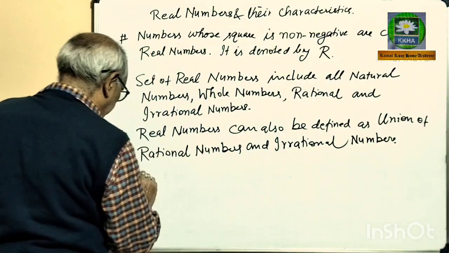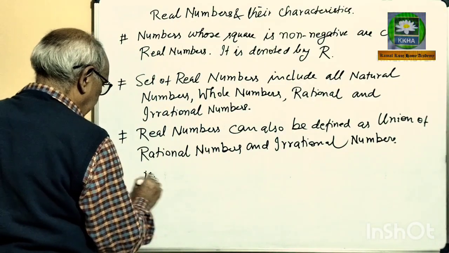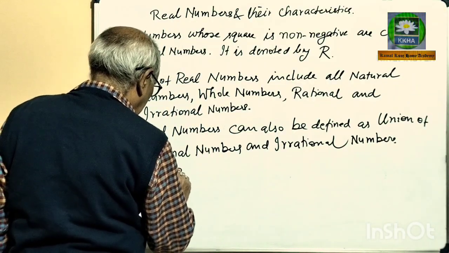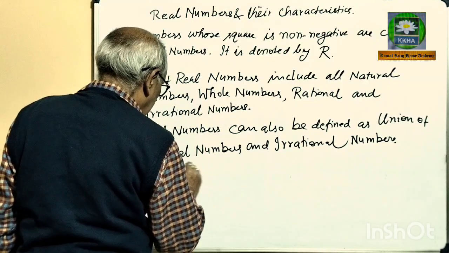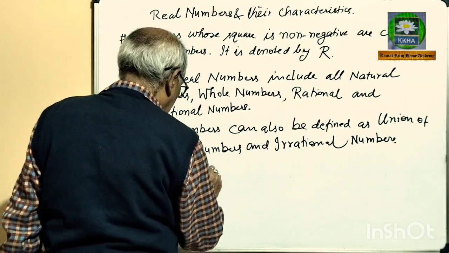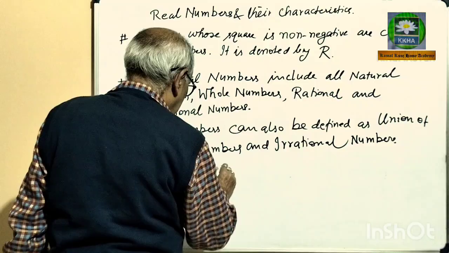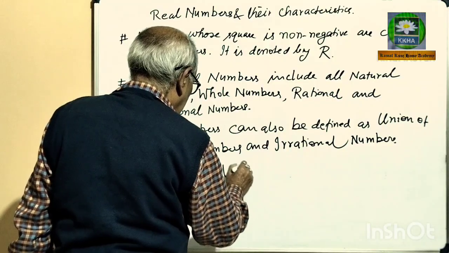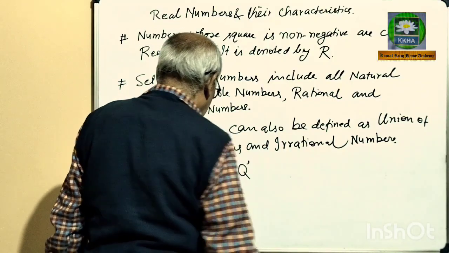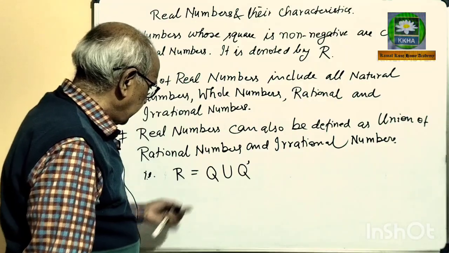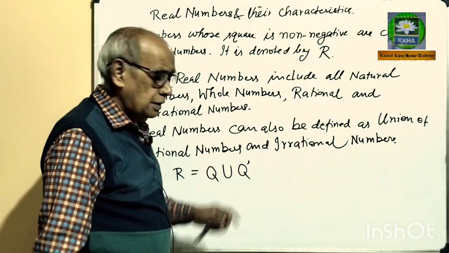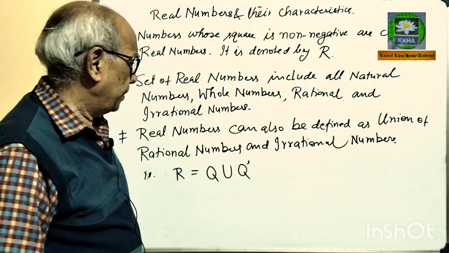That is, R equal to Q union Q dash, union of rational numbers and irrational numbers.